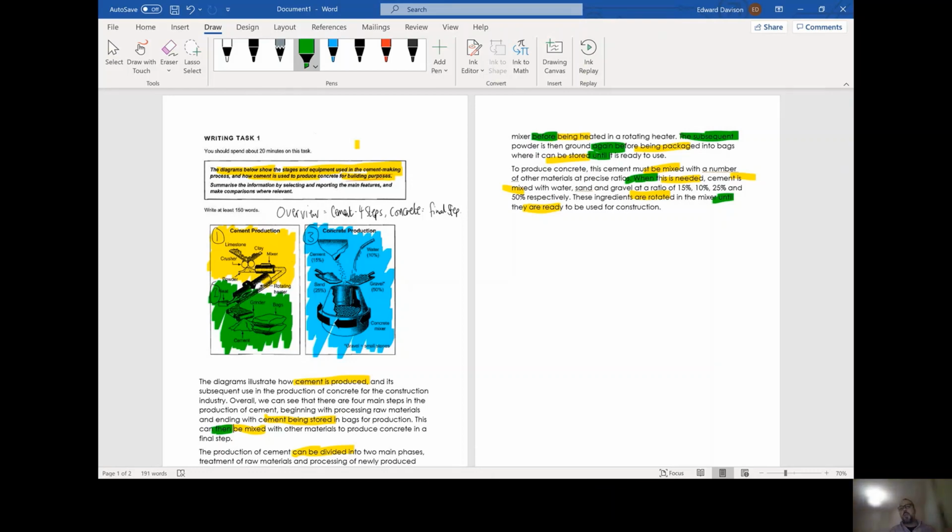So let's remember the general process that we use for IELTS Task 1s is trying to break down that data, trying to group that data into different parts, and a good number is 3. 3 different parts if you can, 2 of them related to each other. That's a good way of doing it.